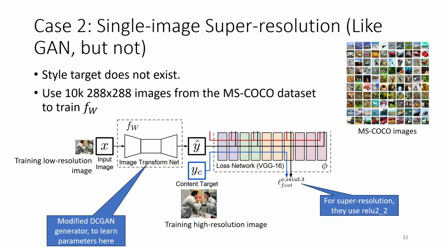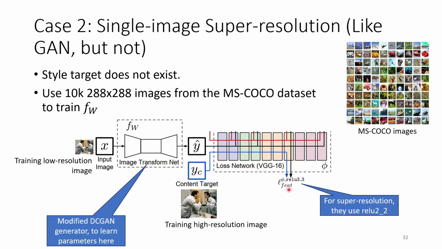It means the width and height of the low resolution image is only 1/4 of the width and height of the high resolution image. So for DC-GAN, it just needs 2 upsampling or 2 deconvolution layers. It can generate 4 times larger images.